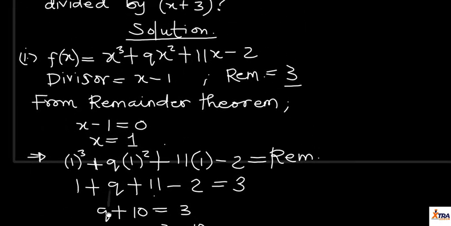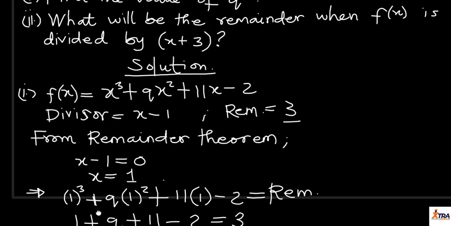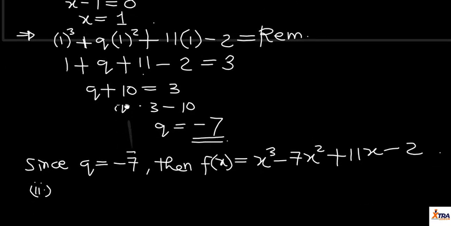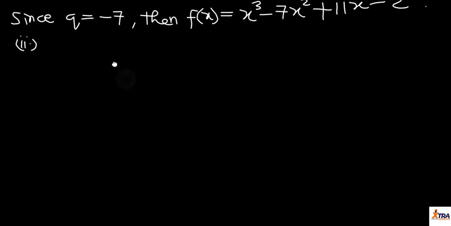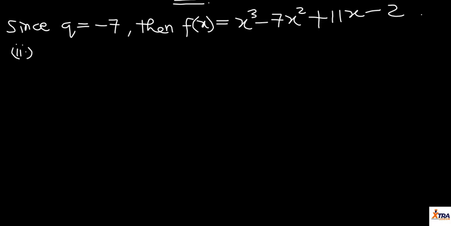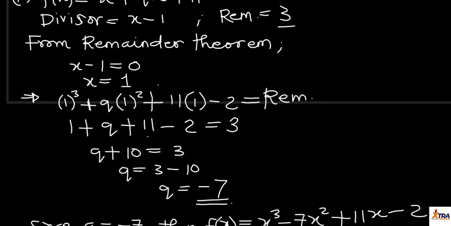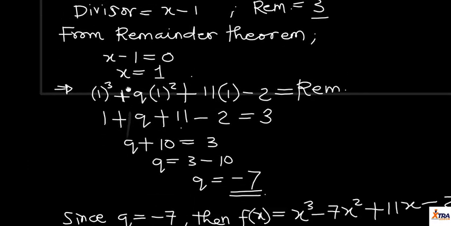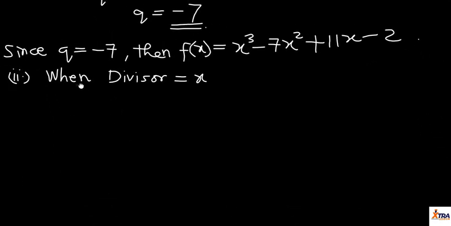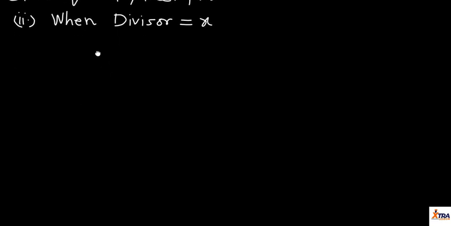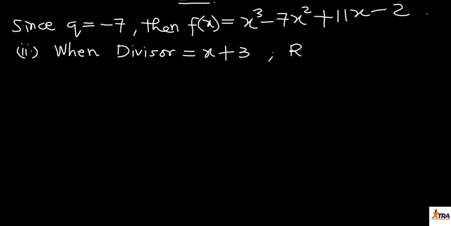For my Roman figure 2, I am told to find the remainder when f of x is divided by x plus 3. So when the divisor is x plus 3, what is the remainder?